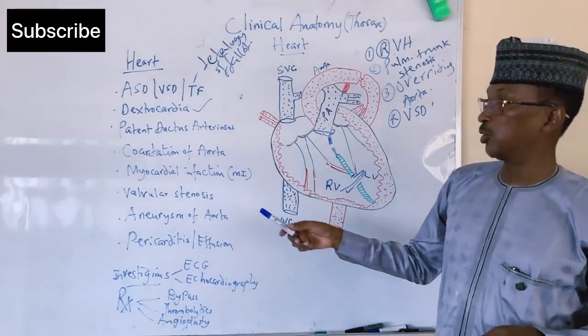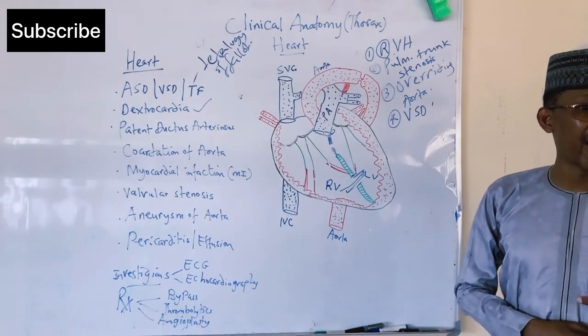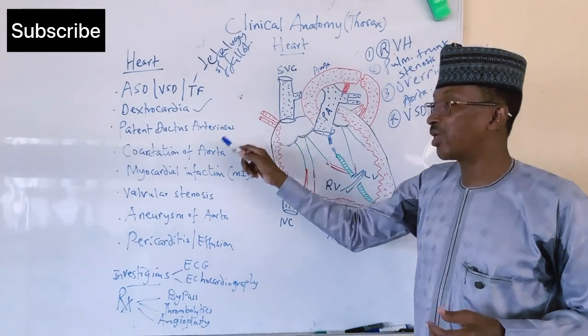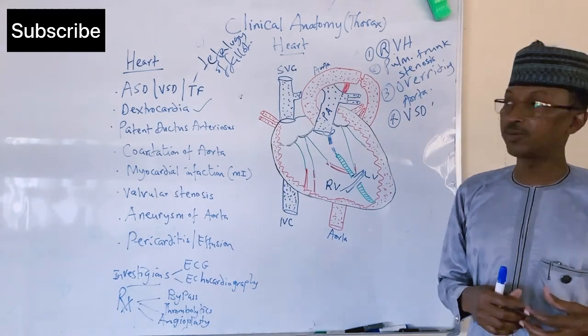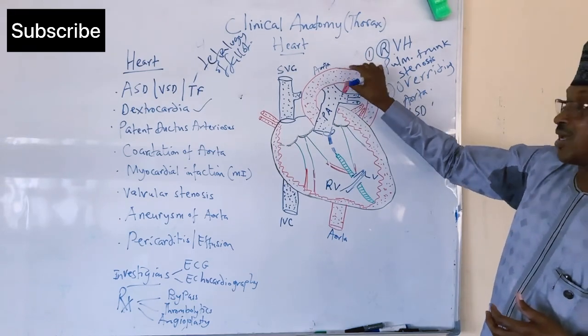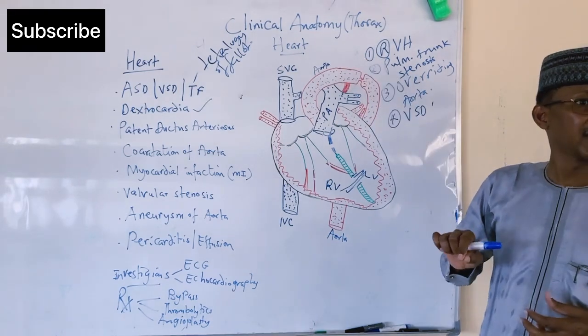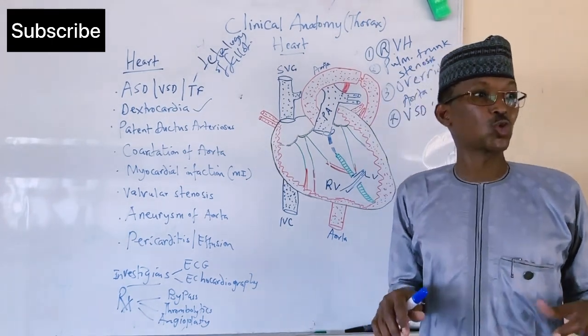So again, you may also have another condition known as coarctation of the aorta. Coarctation of the aorta is the narrowing down of the aorta itself. For example, here you see that the diameter of this aorta here is not the same as the diameter here. That means some portion of it has been narrowed. And so this is also congenital.